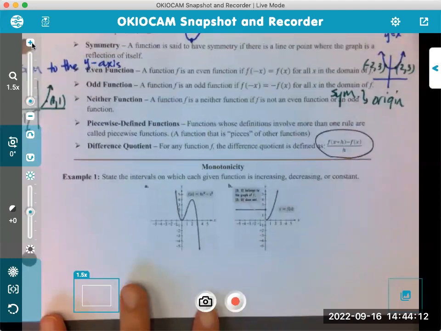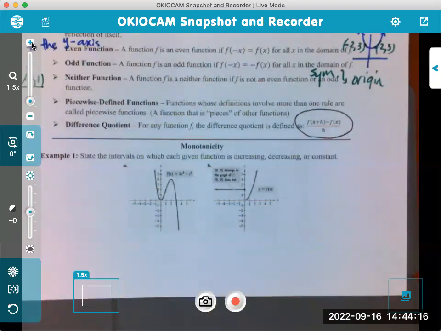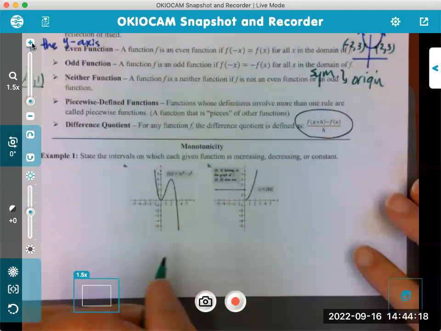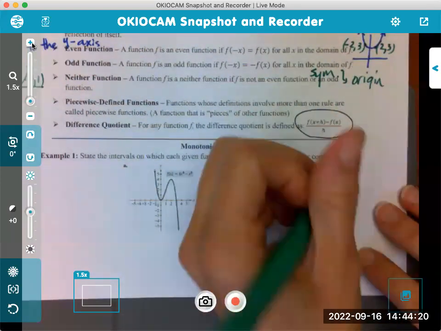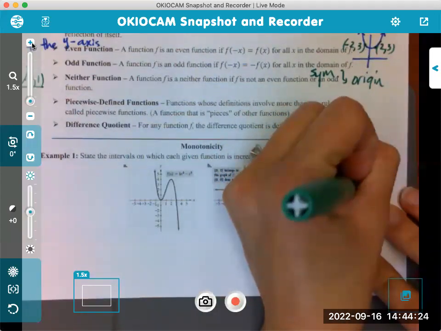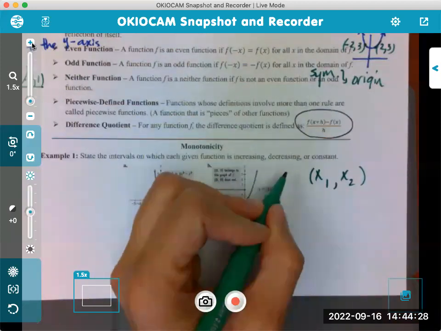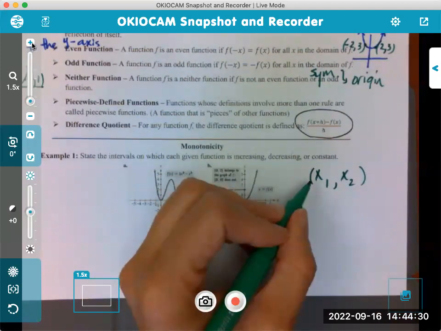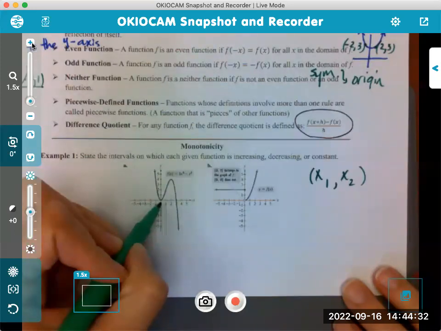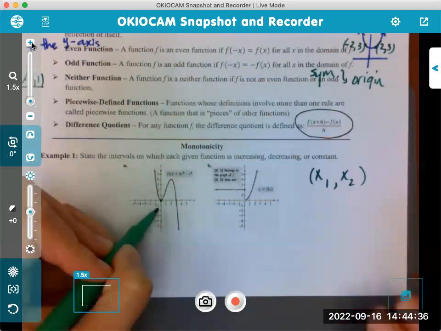One thing I need you to know is that we describe this in terms of x1 to x2. So it's parenthesis, x1 to x2, close parenthesis, is how you would describe that behavior. And this is because at this point right here, (0, 0), I cannot say it's definitely increasing or definitely decreasing.